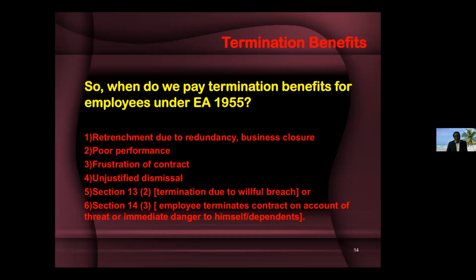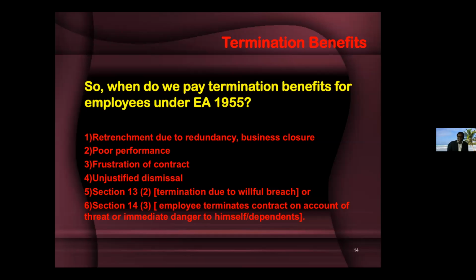Section 13(2), termination due to willful breach. As I mentioned earlier, we may end up paying termination benefits if the employee has just grounds to say that the employer has willfully breached his employment contract. Obviously, who will determine this? The Labor Department.